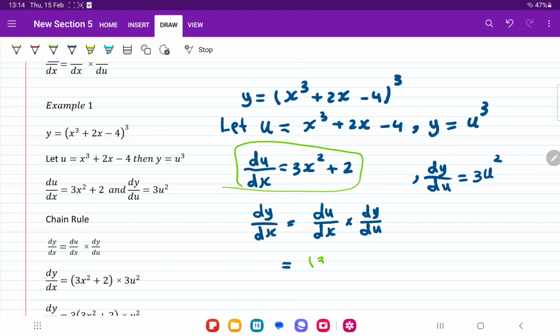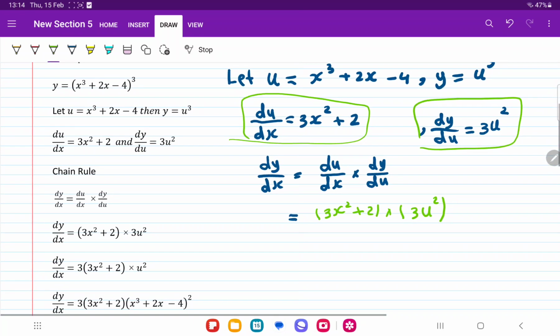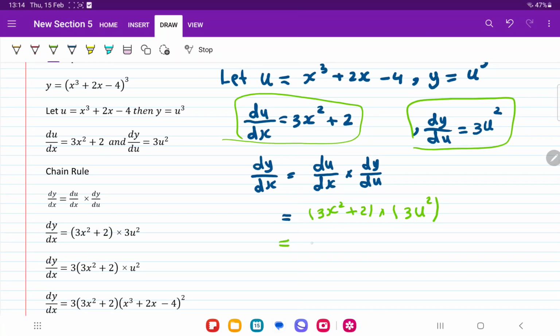So it's going to be 3x squared plus 2. And instead of dy by du, I'm going to put 3u squared. Now I'm just going to simplify it. Usually we write the number at the front.